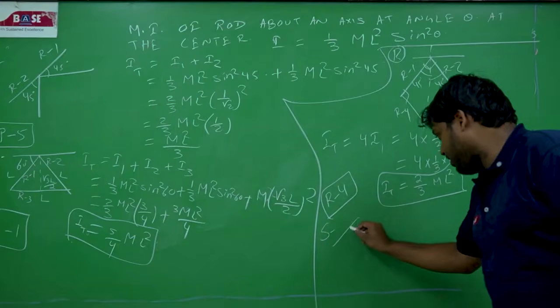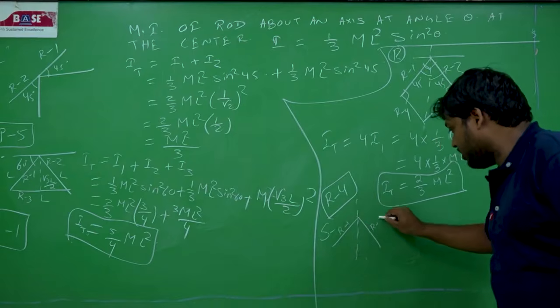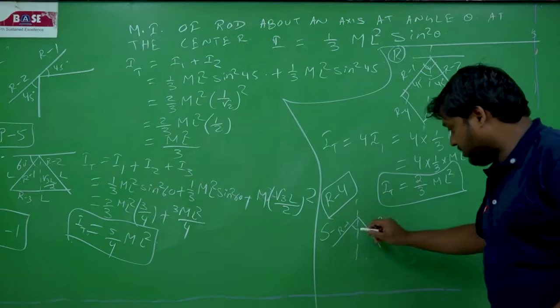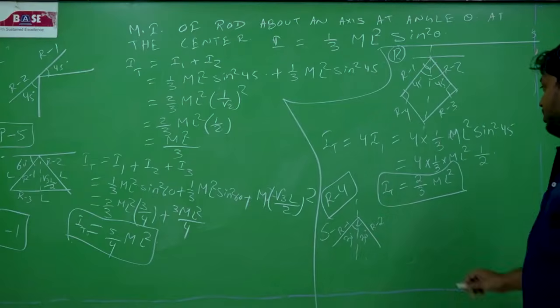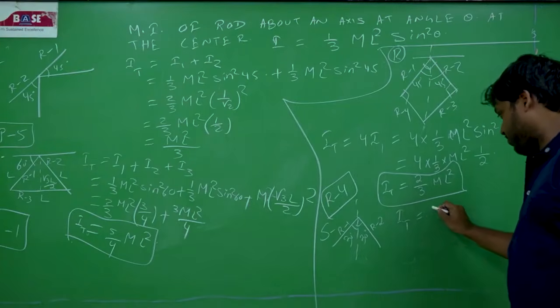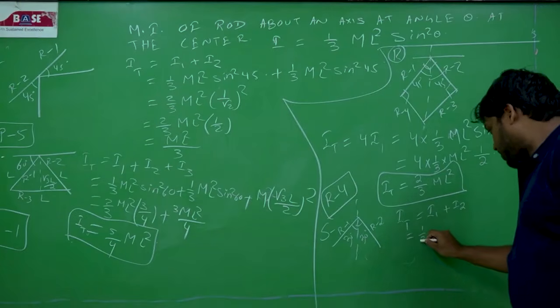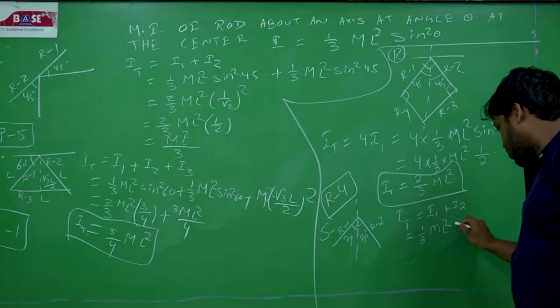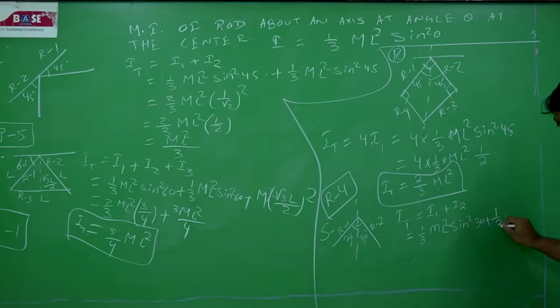The S diagram is given with rods arranged like this. This one is rod 1 and this one is rod 2. This angle is given as 30 degrees, and this one is also 30 degrees. Now I total will be I1 plus I2. So again I am writing 1 by 3 ml square sine square 30 plus 1 by 3 ml square sine square 30.